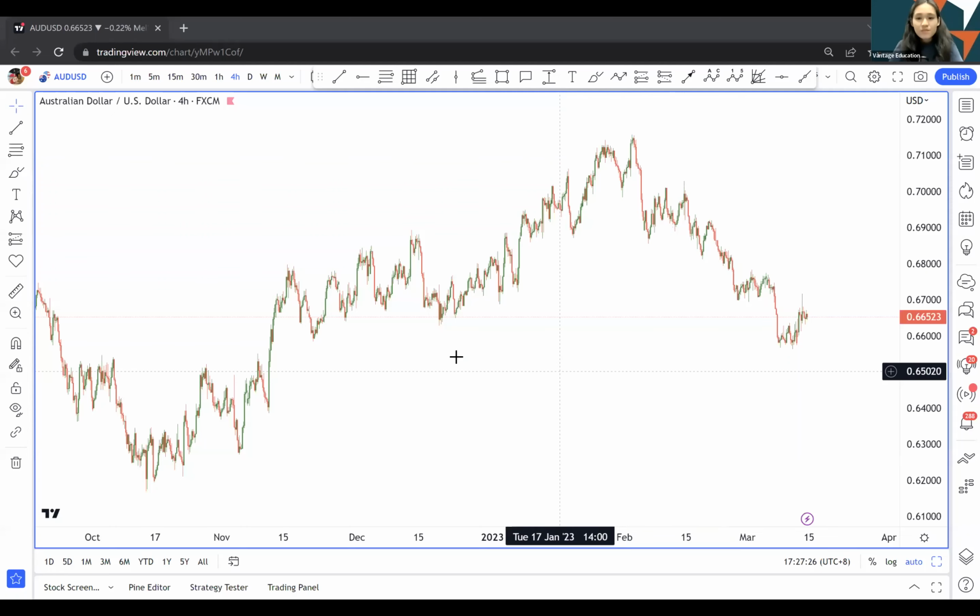Okay, let me just share my screen. So let's take a look at Aussie dollar, which is what we have here.